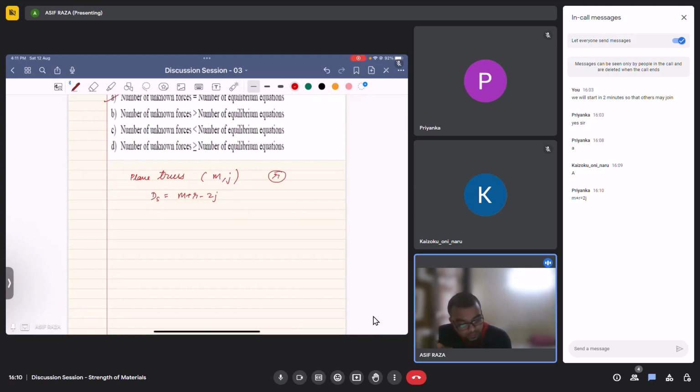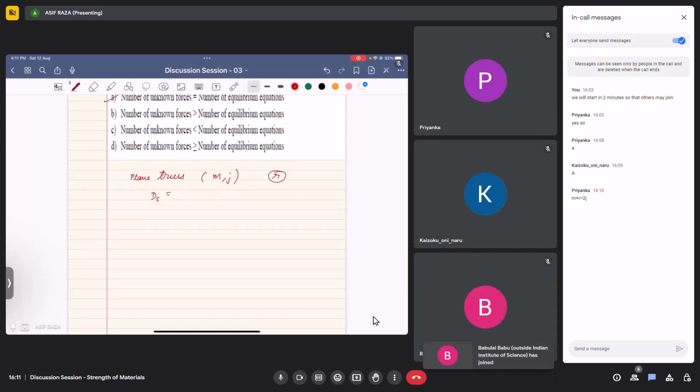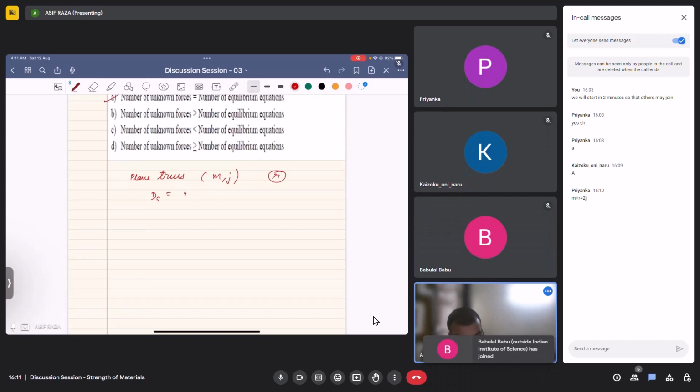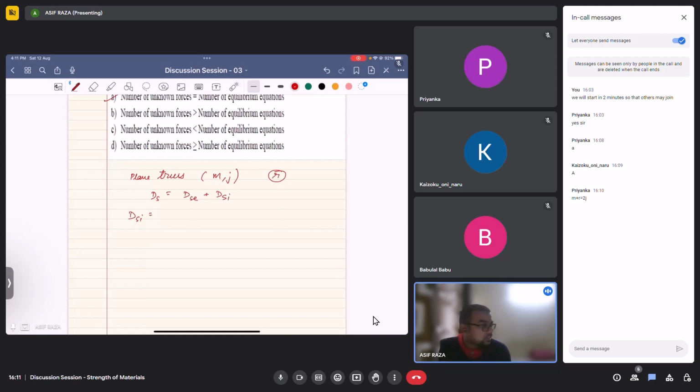Let me elaborate on this. DS would be calculated using external indeterminacy and internal indeterminacy. Internal static indeterminacy is calculated using m minus 2j minus 3, and external indeterminacy is calculated using r minus 3.